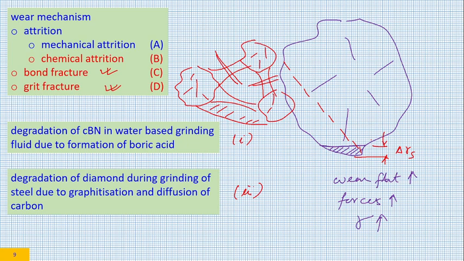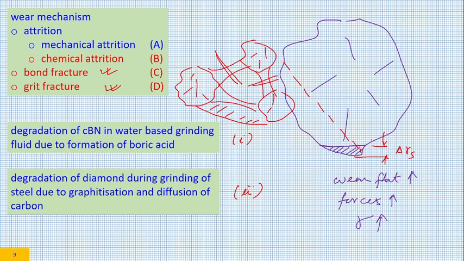This is called chemical attrition, but the more physical explanation is graphitization of diamond at high pressure and temperature and diffusion of those graphitized carbon from the grit to the work material, because the work material, if you are grinding steel, is not saturated with carbon. So because of which this problem will occur.